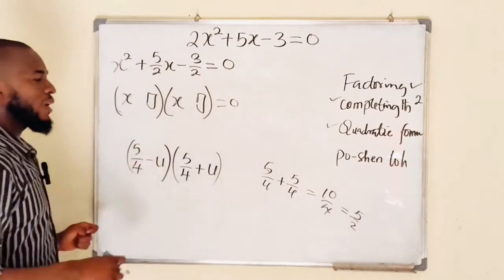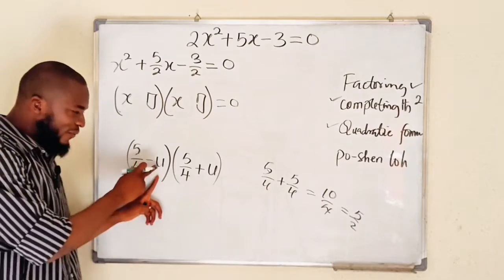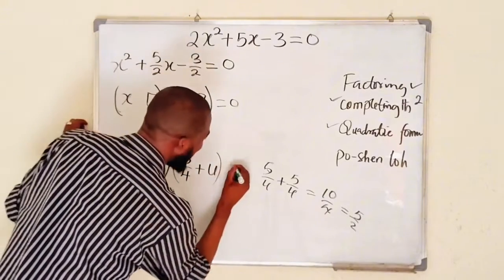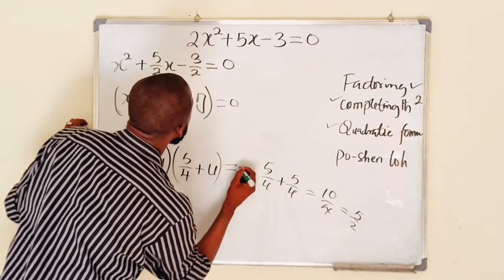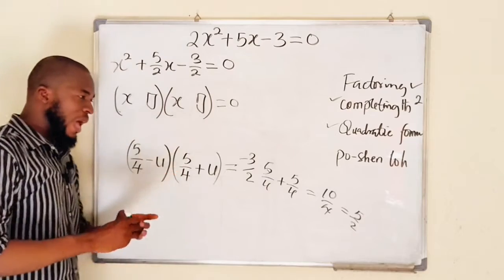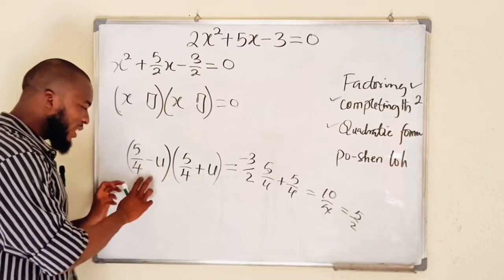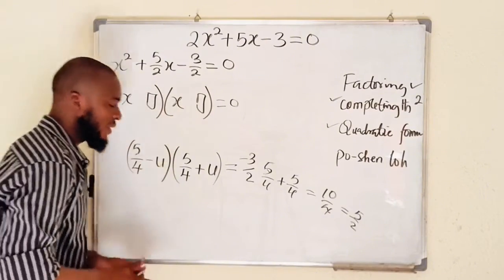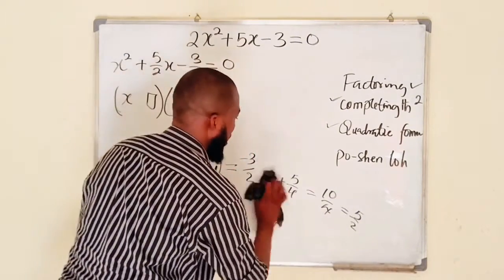It must give us this back. But once we find that value of u, we can multiply these two together to get the constant, which is negative 3 divided by 2. Once we are able to find u substituted here, we are going to obtain those values to plug into these two boxes. So let's do that.